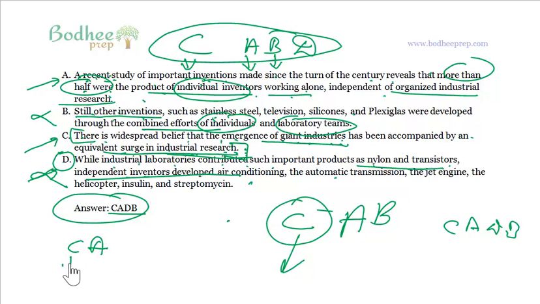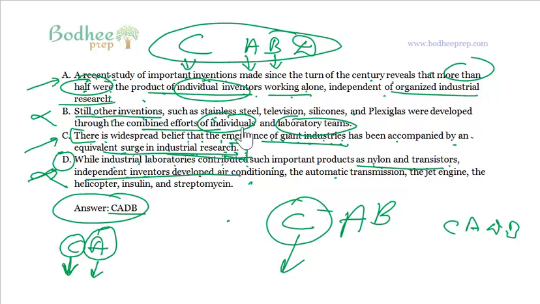You have C, which has a belief. It says here there is a widespread belief that the emergence of giant industries has been accompanied by an equivalent surge in industrial research. So the general belief is given in C, and then there is a recent study which is a bit different from the belief.